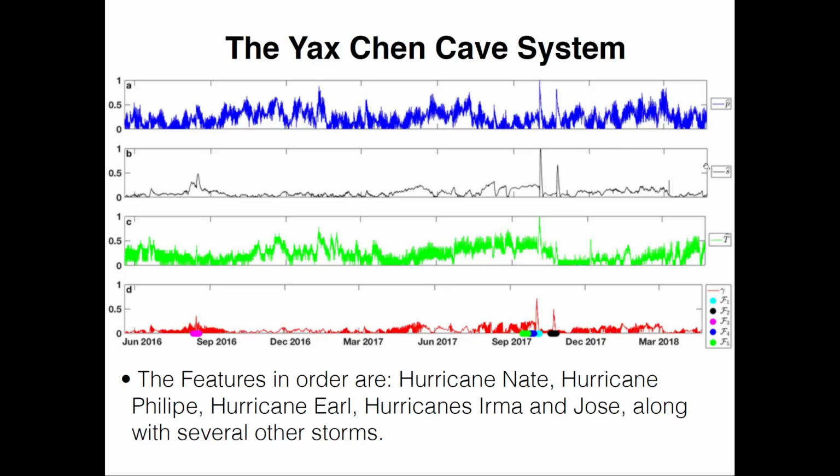We run the gamma method again, and we find the following features in order: Hurricane Nate, Hurricane Philippe, Hurricane Earl, Hurricanes Irma and Jose, and then several other storms. So again, the gamma method identifies things of interest right away. It's very effective at doing so.